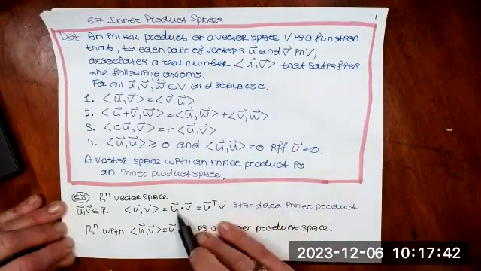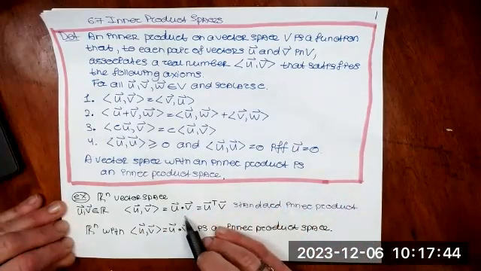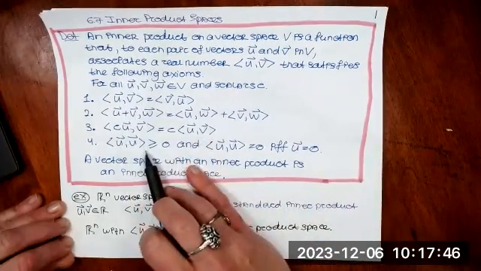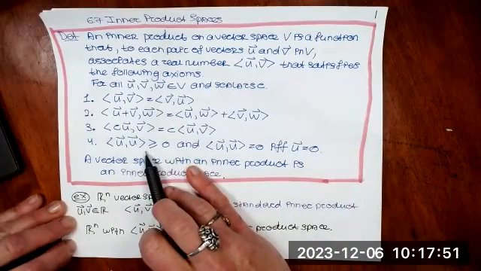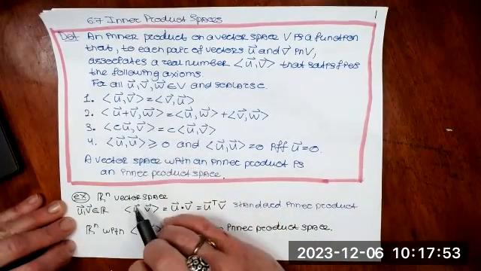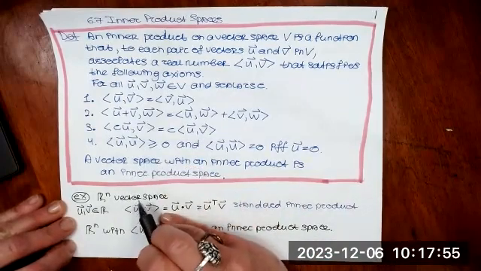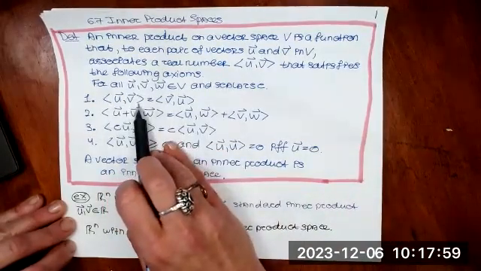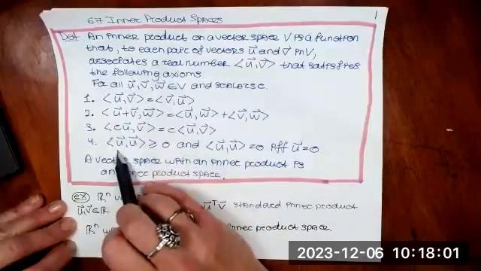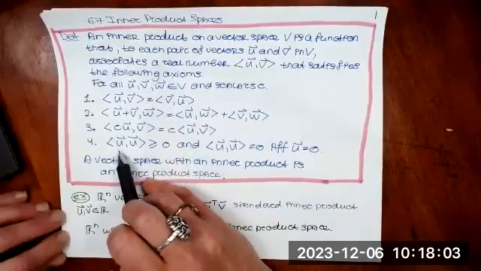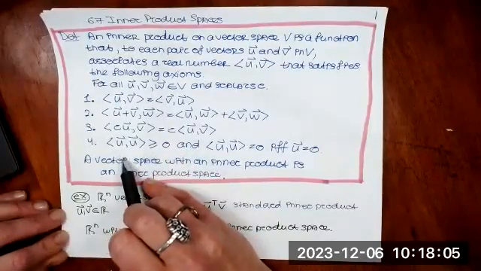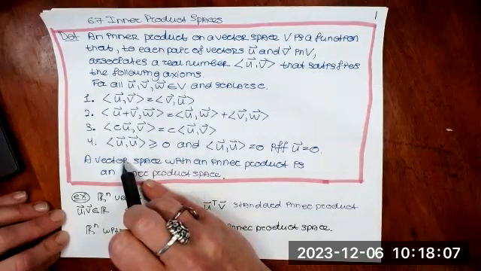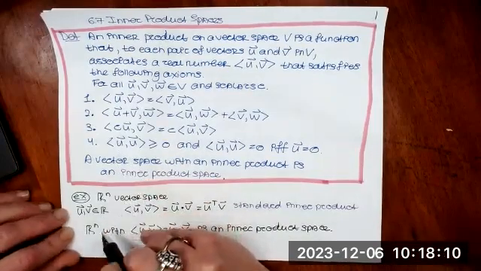So for the dot product that we've been using with vectors in Rn, all 4 of those conditions were satisfied. But it doesn't have to be a dot product in order to be an inner product. Basically, any definition of inner product of U and V that satisfies those 4 will be an inner product. We'll see some examples of inner products that are not dot products.